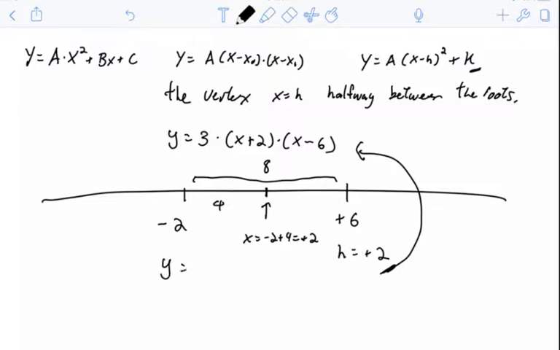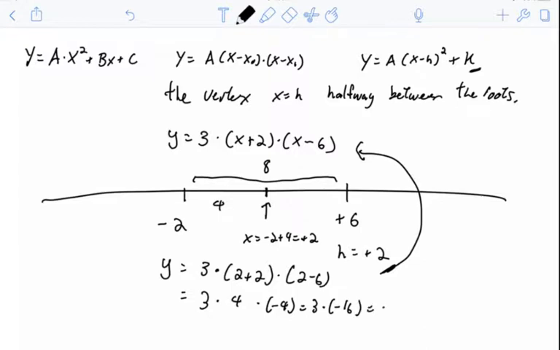3 times 2 plus 2 times 2 minus 6. 3 times 4 times -4. So that's 3 times -16. So that's -48. So you plug in the value. First you figure out the point halfway between the two roots.